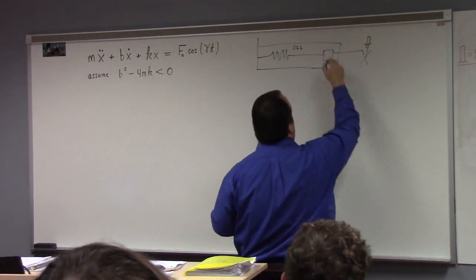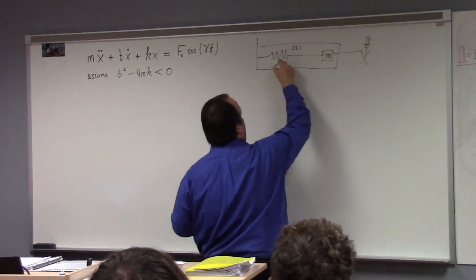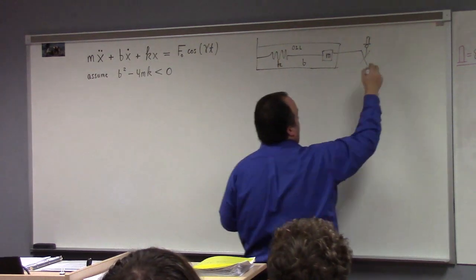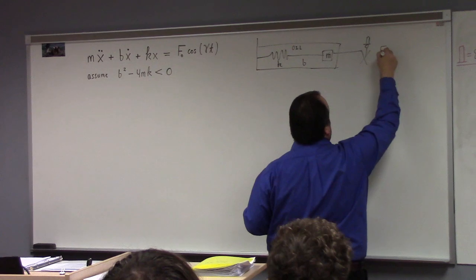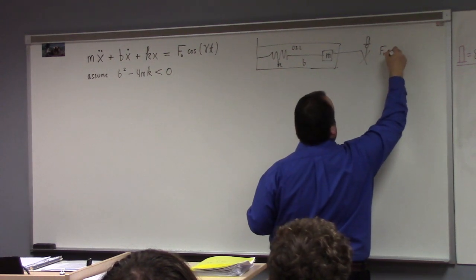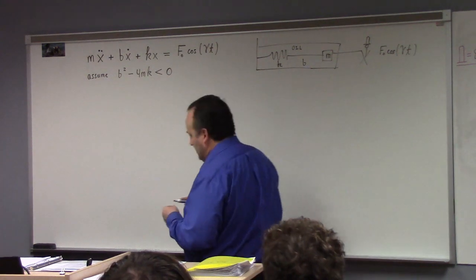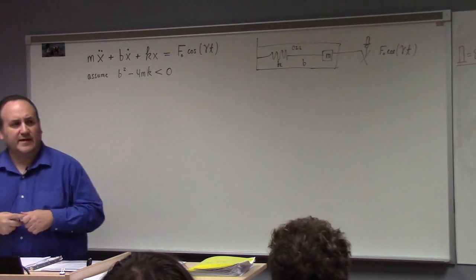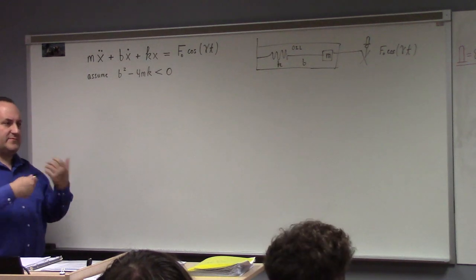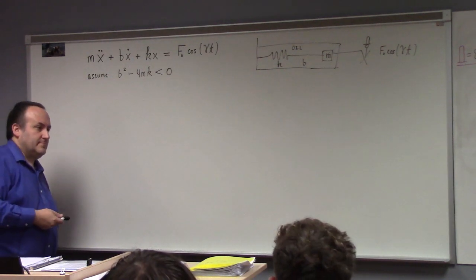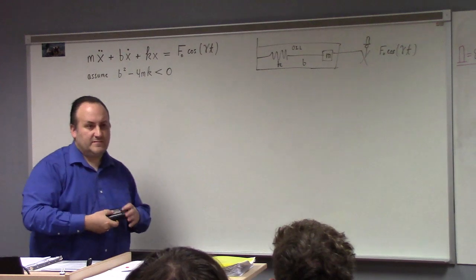But M, K, and this guy has B, and you're applying F naught cosine gamma t to the system. Then the question is, which choice of frequency gamma maximizes the resulting motion? Do you understand the question?